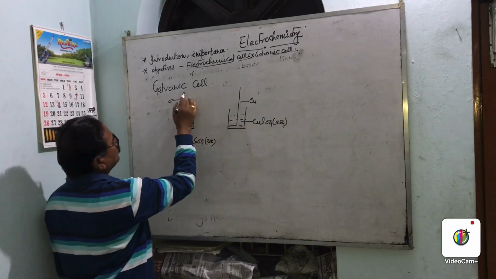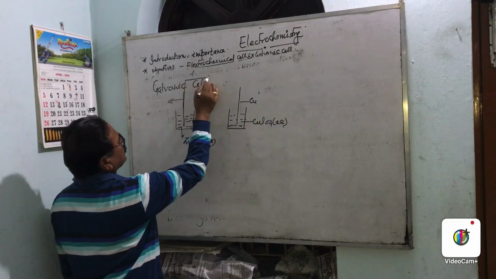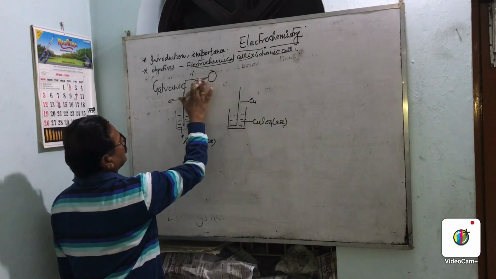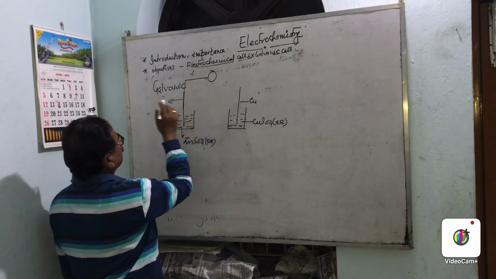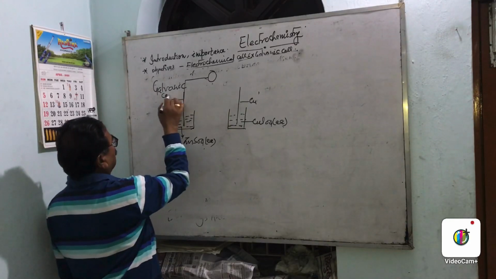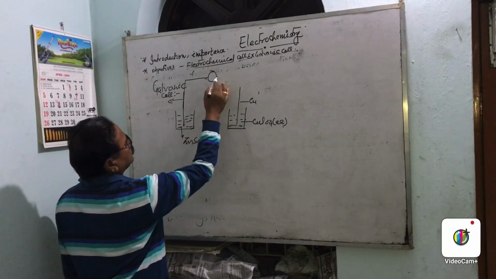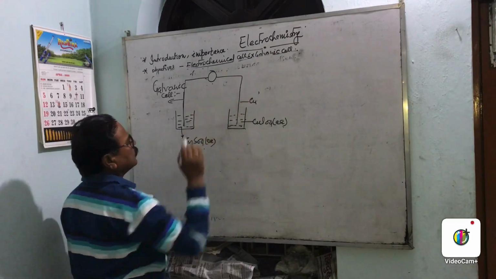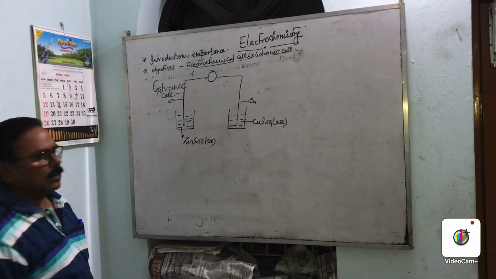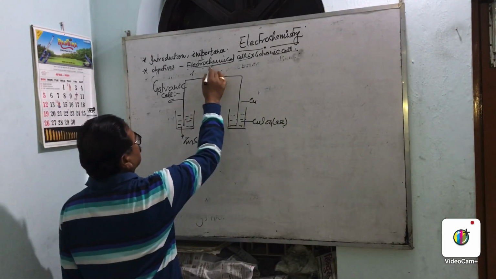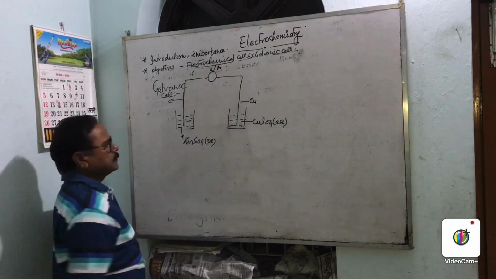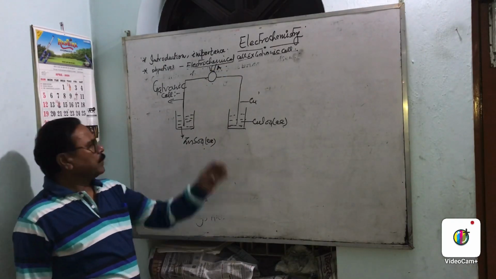Now these two electrodes are connected with the voltmeter or the ammeter. Right?